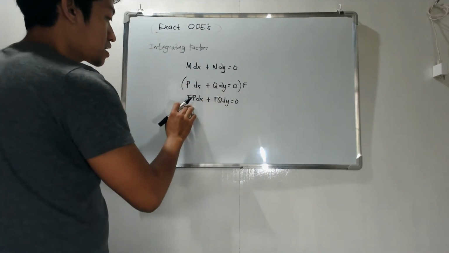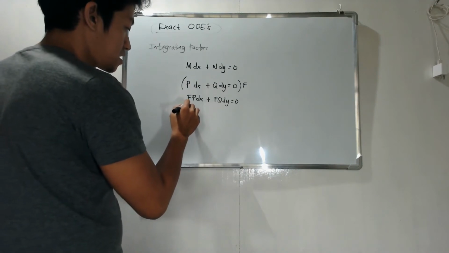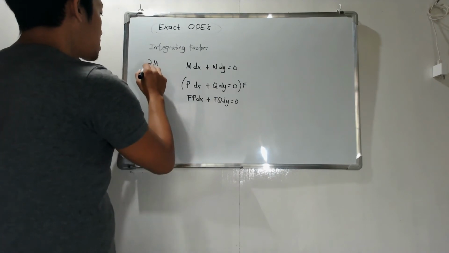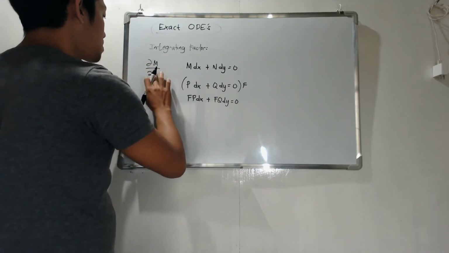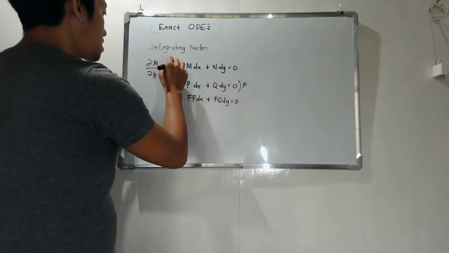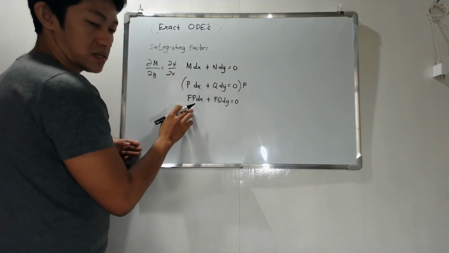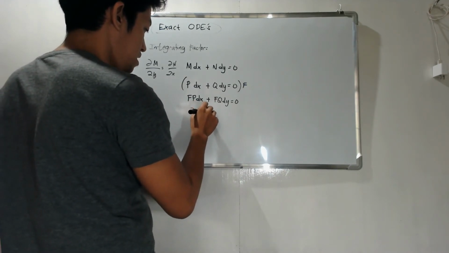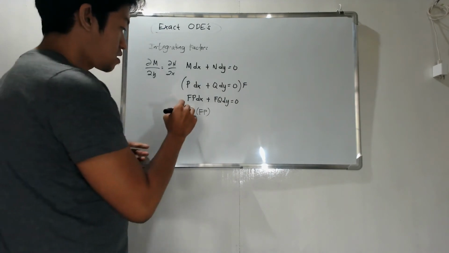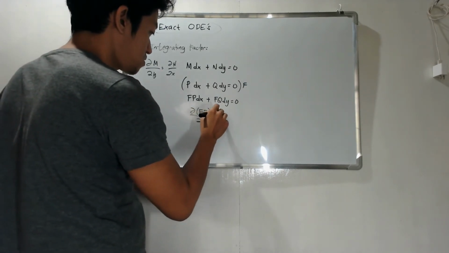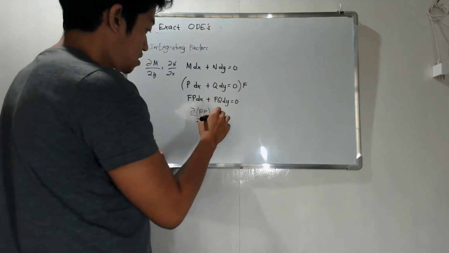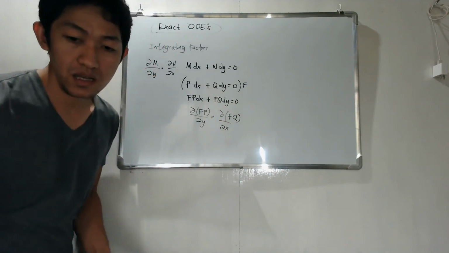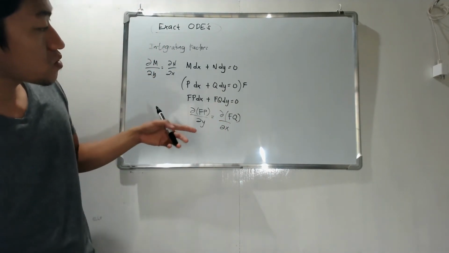Then to be exact, we use this one, right? Partial of M with respect to y equals partial of N with respect to x. So let's apply this here. So you have partial of f P with respect to y equal to partial of f Q with respect to x.